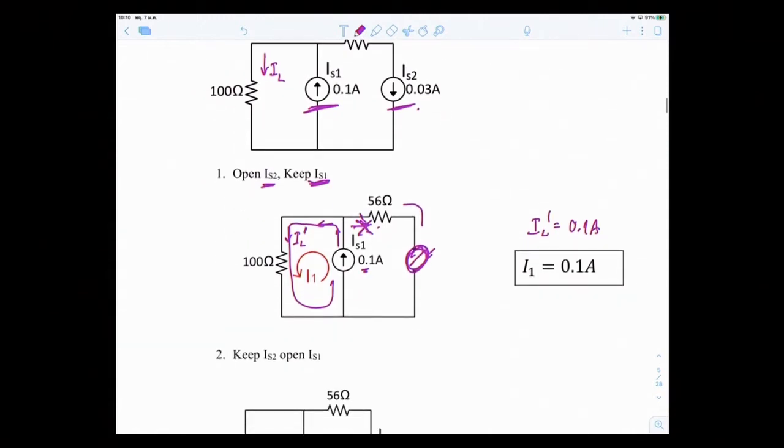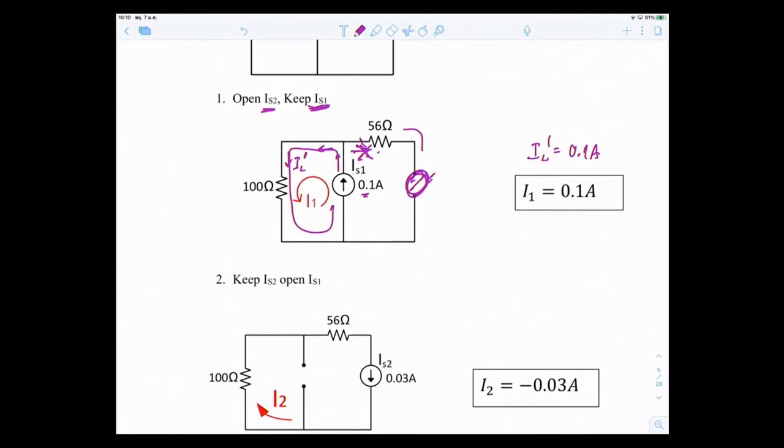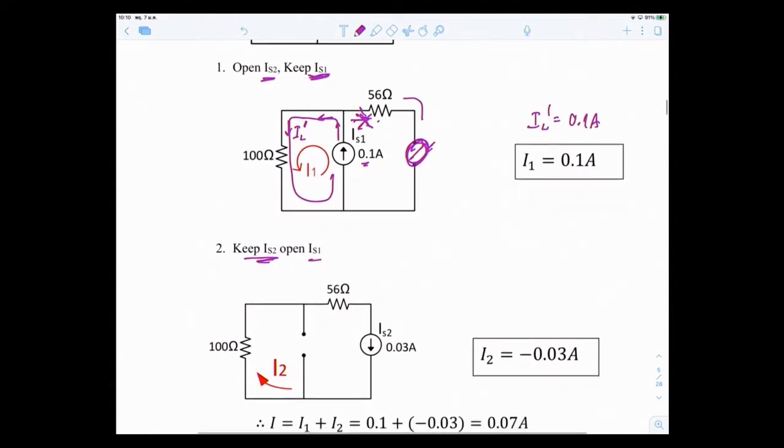Then you go to the second source. Now the second source happens to be a current source also, so you keep the second source, but the first source is a current source, so you open it. You take IS1 out and you get this picture. This is IL double prime, meaning it's the answer when source number 2 is used for analysis.